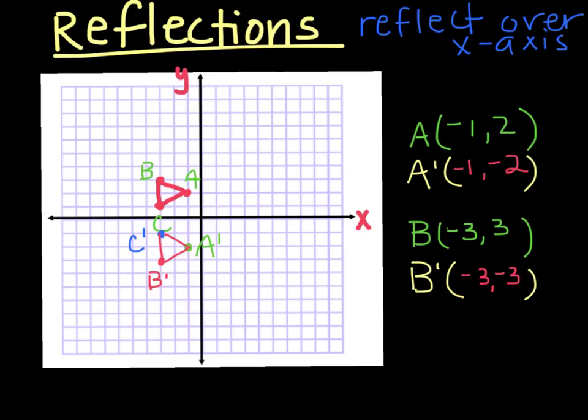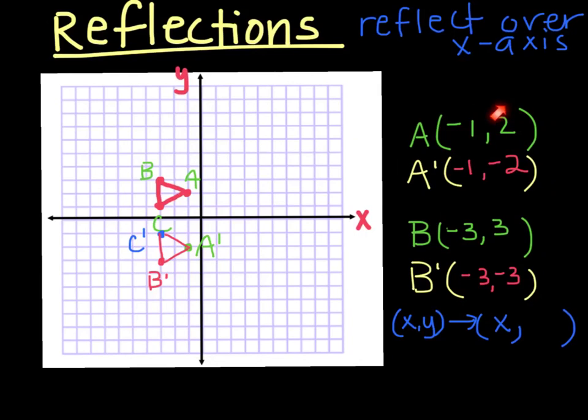So when I write my rule for the transformation, remember, it always starts like this, (x, y) with that arrow. Here's my original coordinates. Here's what I'm doing to them. Okay, so we just said the x-coordinate didn't change, so I'm just going to write a normal x. It stays the same. All right, then the y-coordinates, I need to figure out what happened to them.